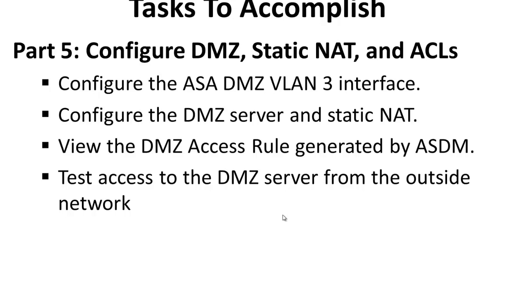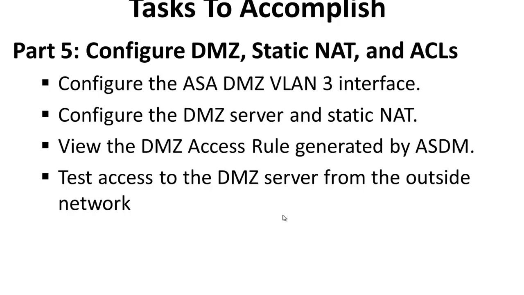And the final part will be to configure DMZ, static network address translation, and writing ACLs so that we will allow specific traffic through the ASA. Because by default the ASA is configured to block any traffic from lower security level to higher security level.